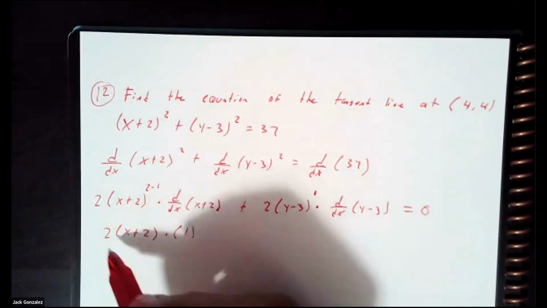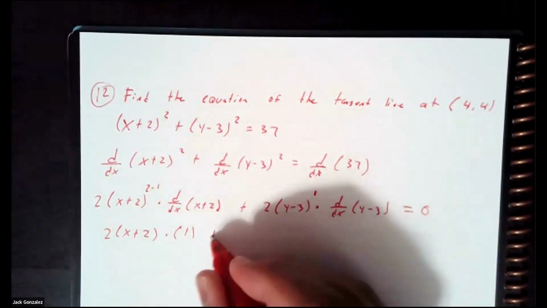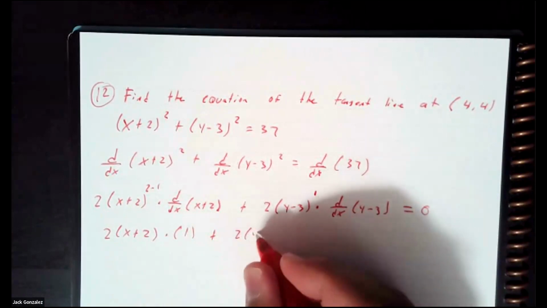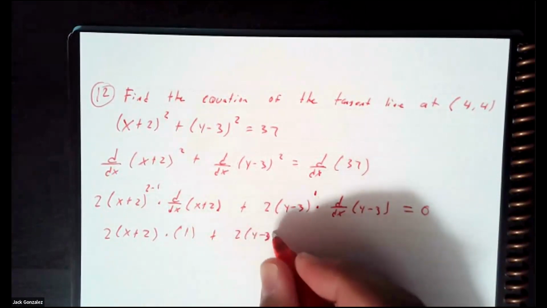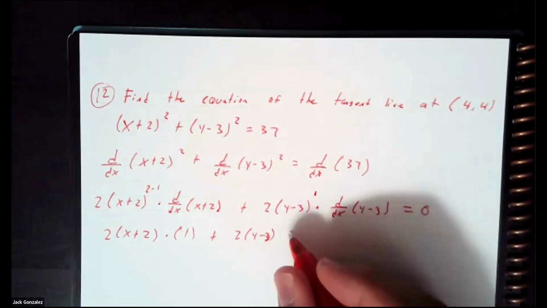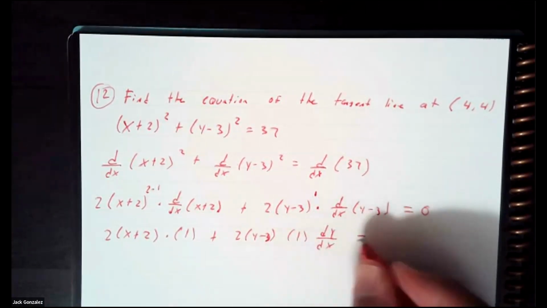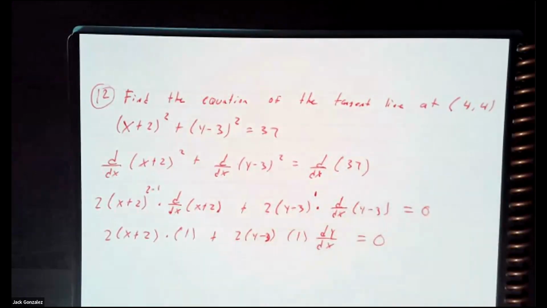This derivative is 2y minus 3. This derivative will be 1 times dy/dx, right? Yes. Okay, so the derivative is done.